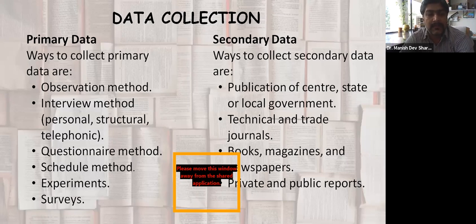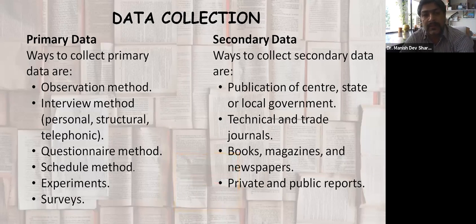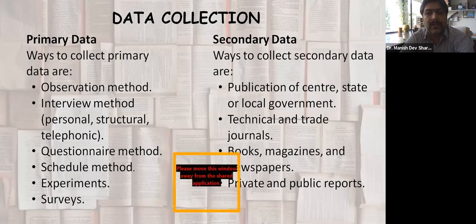Similarly, we have experiments and surveys. We are personally doing the experiments and personally conducting the different surveys to collect that data. So all those are basically primary sources of data. Similarly, there are secondary sources of data. In secondary data sources, we have publications of central, state, or local governments. As I told you in an earlier slide, these are available on the internet, in newspapers, or standard data books.